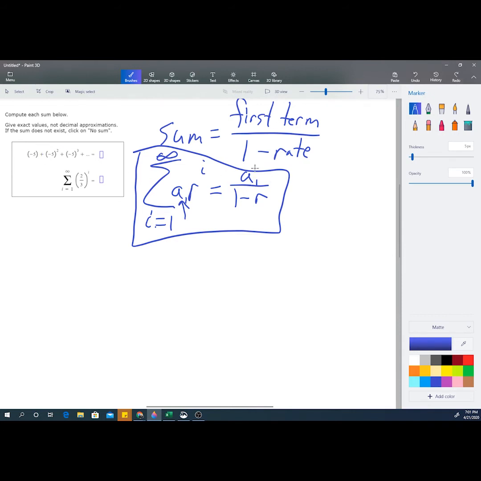Let's do the first problem first. I can see that my first term is going to be -5. And then I can see that I multiply that by -5, and then I multiply that by -5.